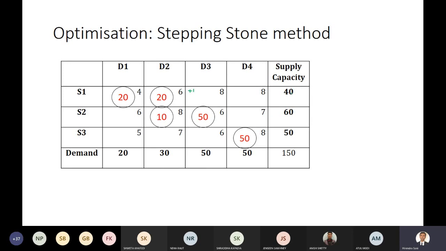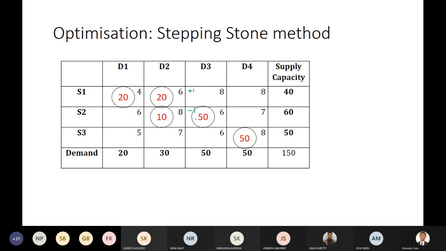This should have been 41, this should have been 51, but it is not so. So if I add 1 unit here in this cell, okay, then I will have to subtract 1 unit from this cell to maintain my constraints the same. So that means I will have to subtract 1 unit from here.